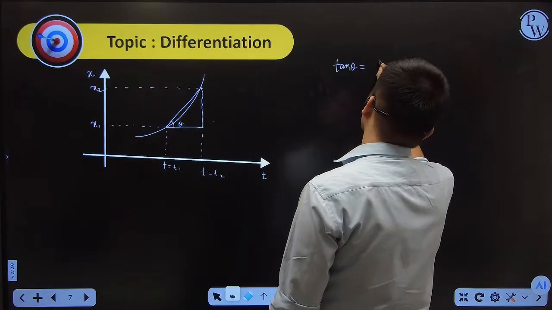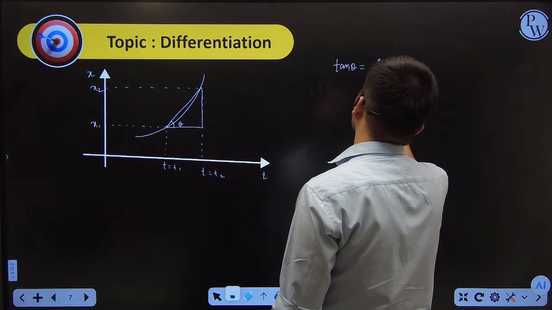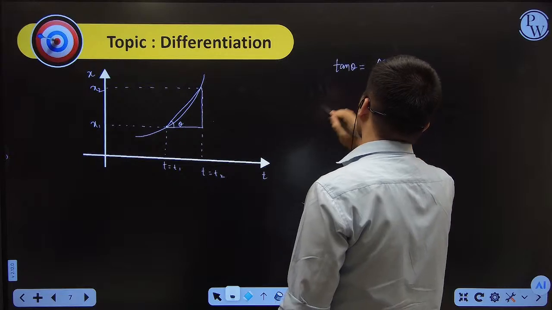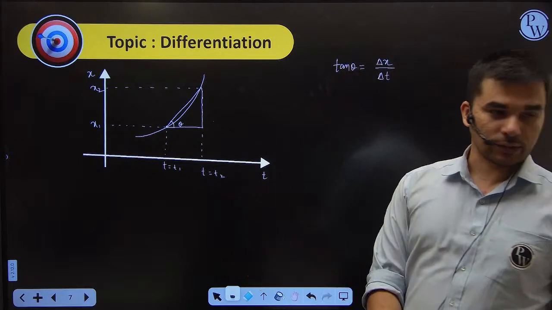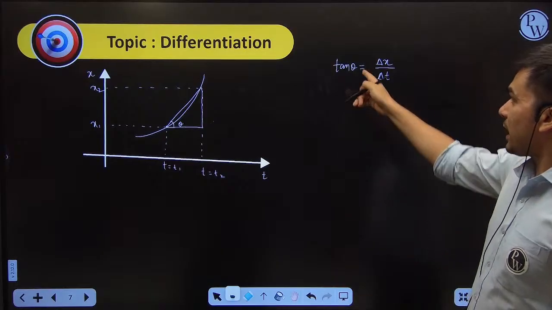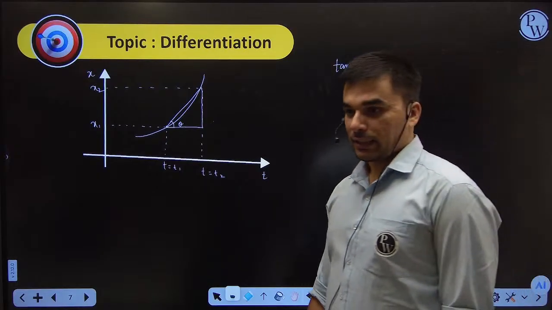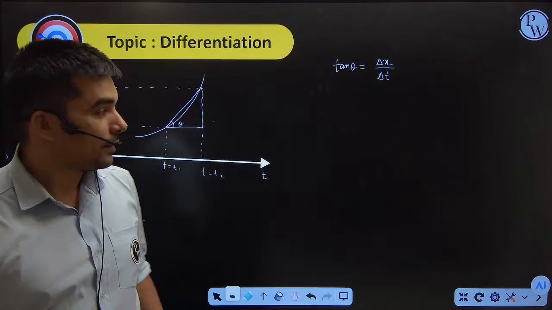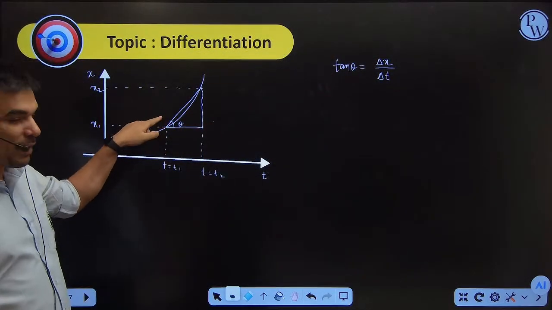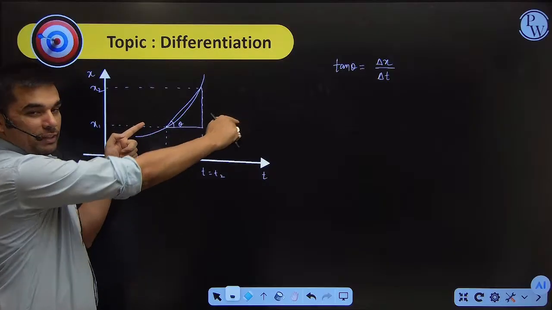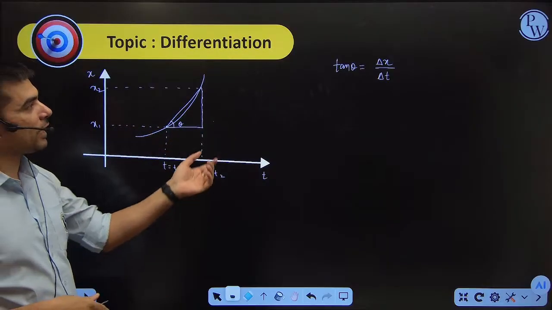So can we write x2 minus x1 as delta x, and t2 minus t1 as delta t? Change in x, change in time. What exactly is this tan theta representing? What other quantity have you seen as tan theta? Slope of that line. That straight line is making the same angle theta with respect to the positive direction of the x-axis in the anti-clockwise direction. So tan of that angle is nothing but slope.